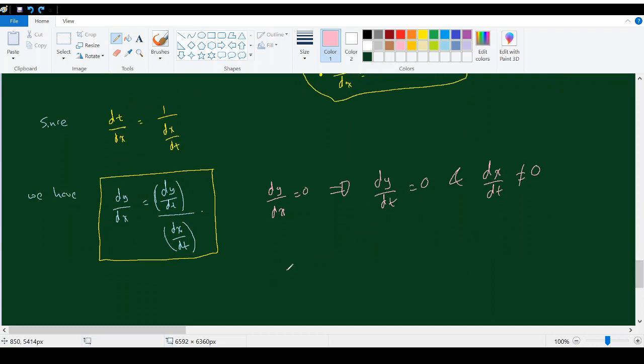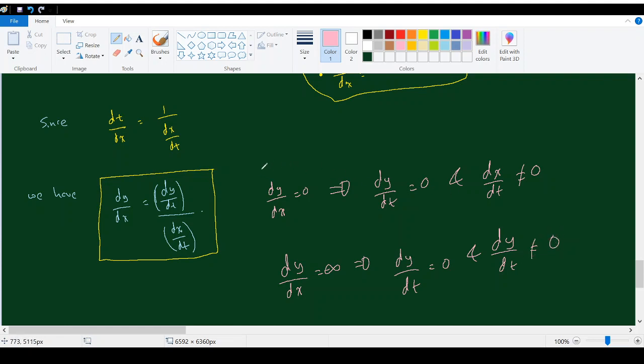And if you need the derivative of y with respect to x to be equal to infinity, then you need the denominator to be equal to 0, right? Dx by dt will be equal to 0, and we should not have the 0 in the numerator, right? And if this happens, then the numerator should not be equal to 0.